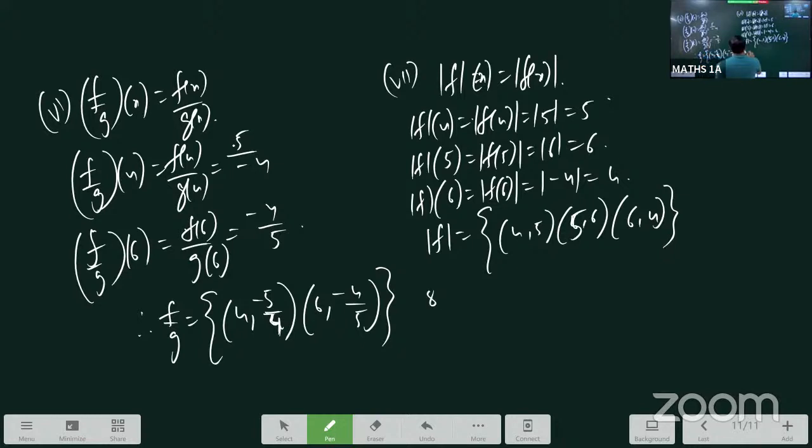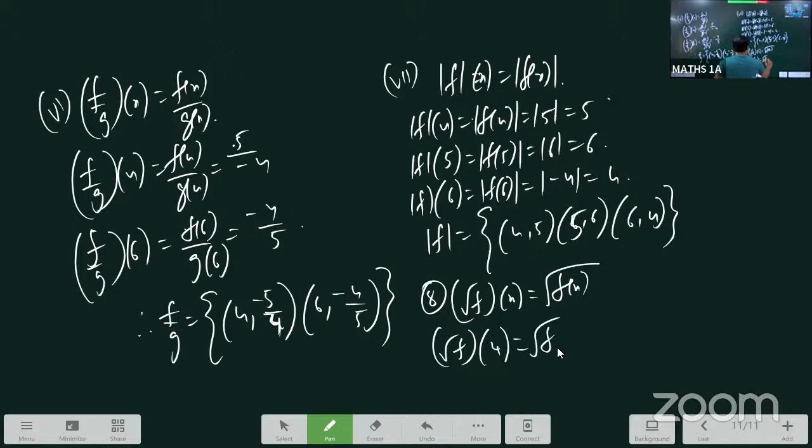What is your 8th bit? Root f. Root f of x is nothing but the root of f of x. Is it clear? So let us go for root f of 4. That is root 5. Okay. Next, root f of 5. That is root 6.